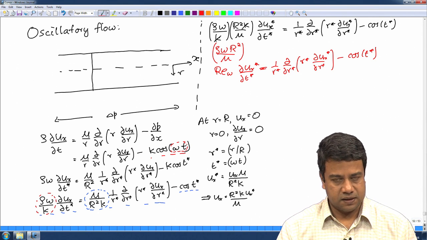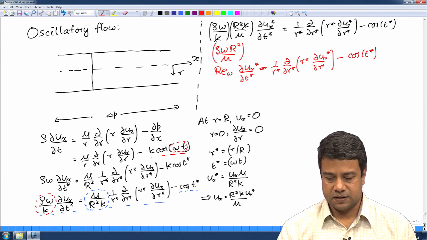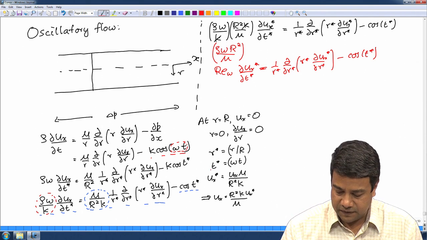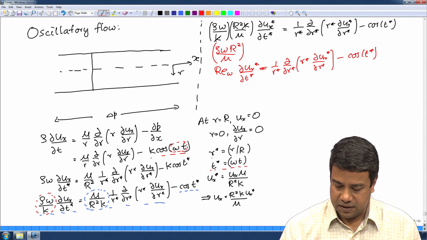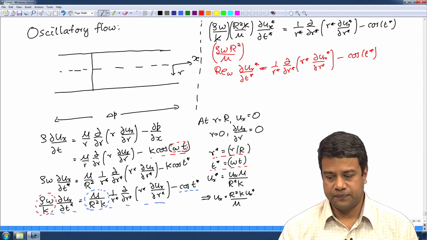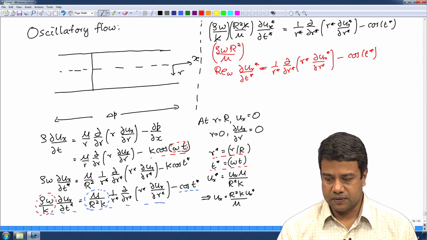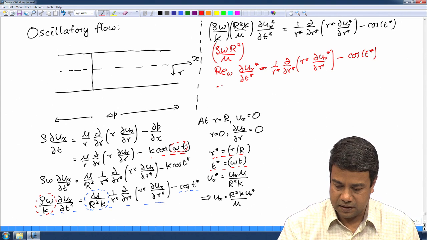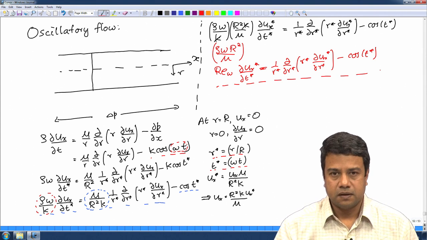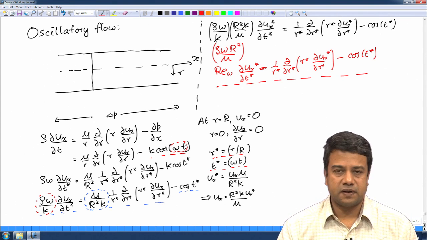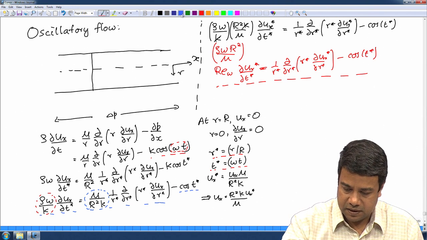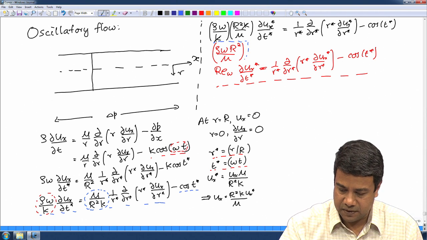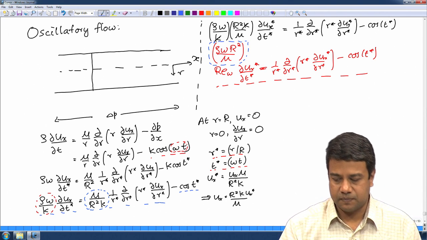So, what we had done last class was to first scale the equations. We had used the frequency itself for the time scale and the radius for the length scale. When we scaled these equations, we got an equation of this kind, where the inertial term on the left is multiplied by a Reynolds number, and that Reynolds number is based upon the frequency of oscillations and the radius of the pipe.